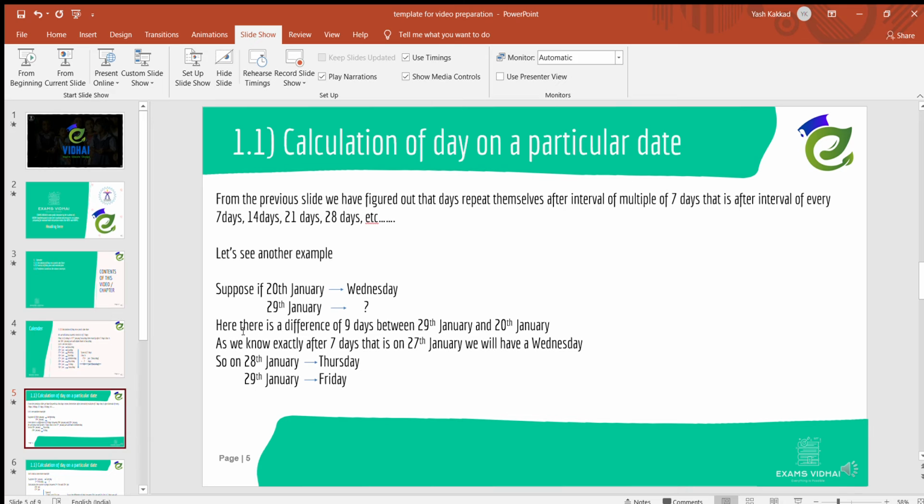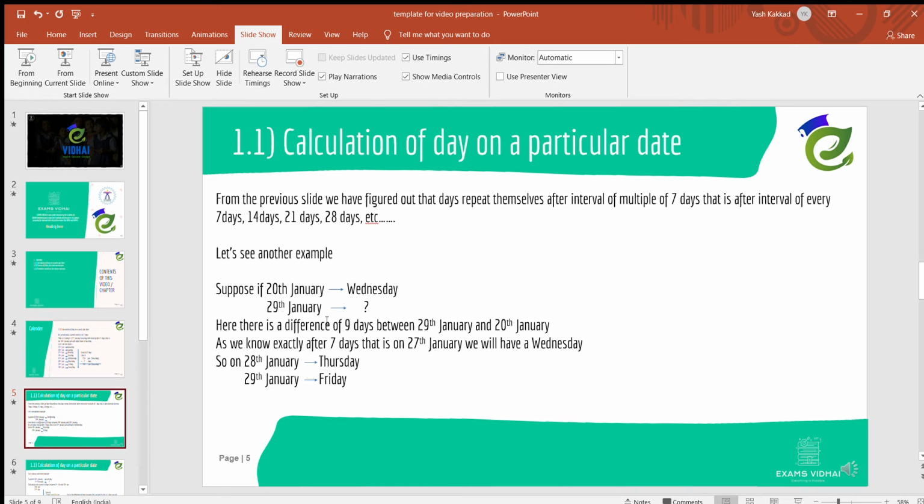So we know that exactly after 7 days, that is on 27th of January, we will again have a Wednesday. 20th of January was Wednesday, then 27th of January will again be a Wednesday. Then after knowing that 27th of January will be a Wednesday, we can easily figure out that 28th of January would be Thursday, 29th of January would be Friday.